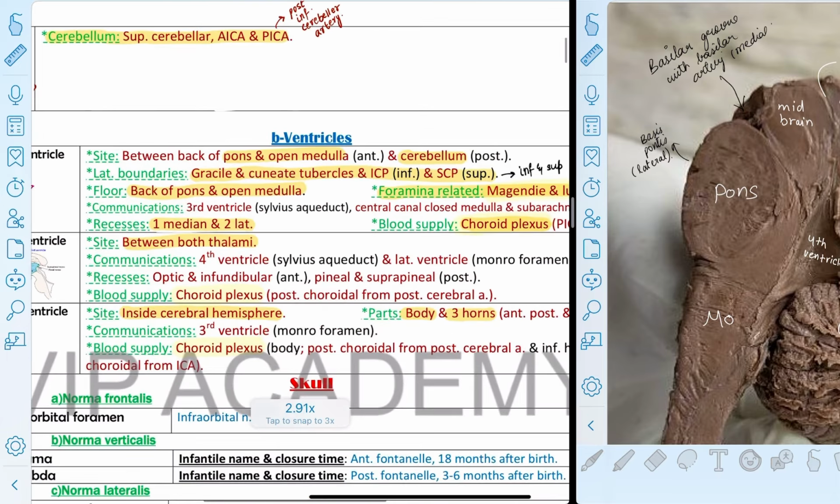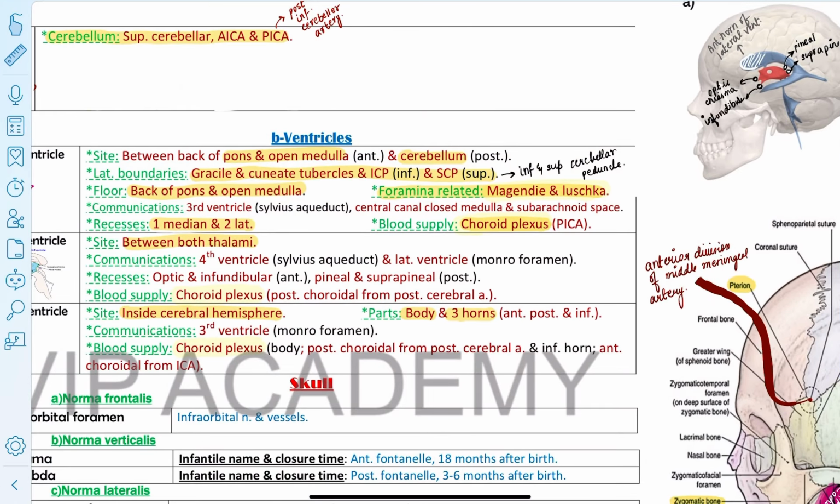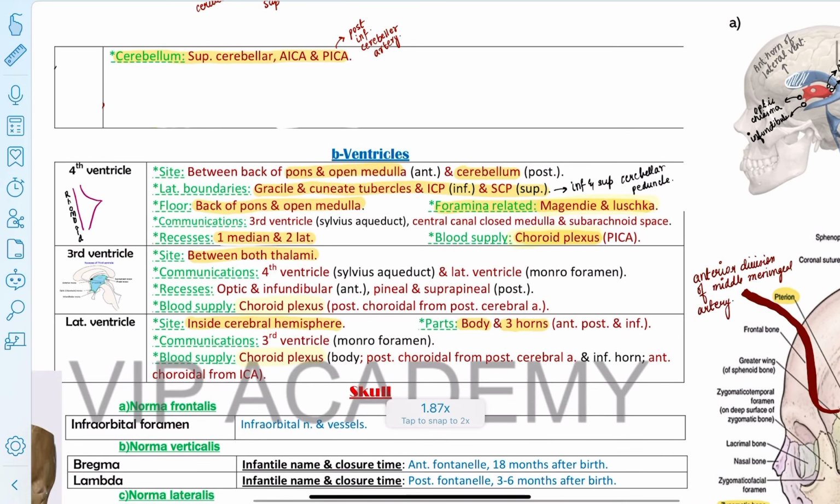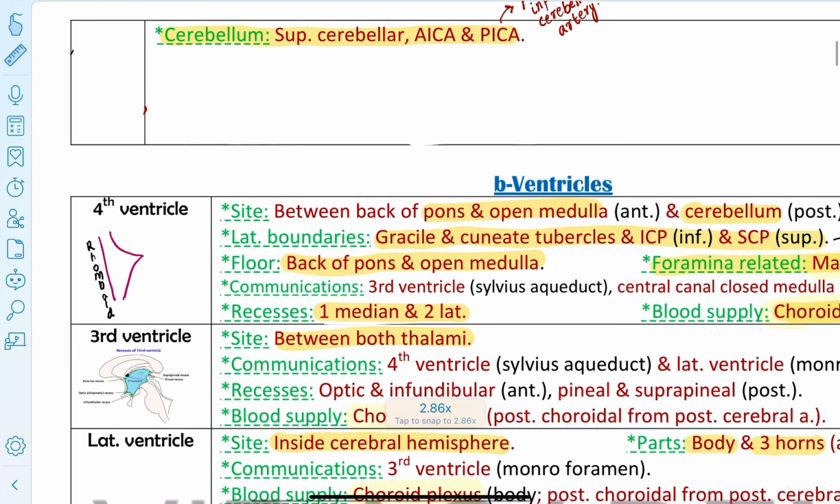Next we'll study ventricles, which is a very tricky part. People struggle a lot with ventricles because they are not able to visualize them properly. You can imagine ventricles as normal spaces inside the cerebrum, filled with fluid, which produce CSF, cerebrospinal fluid.